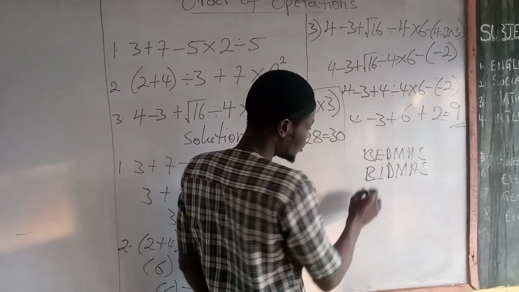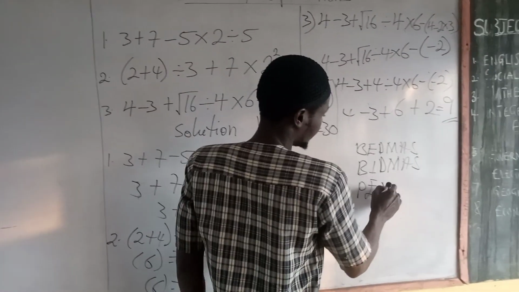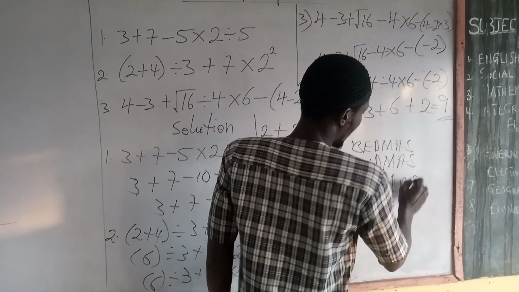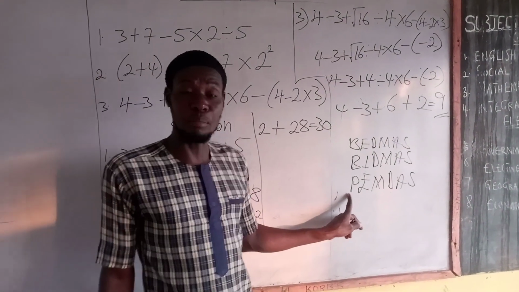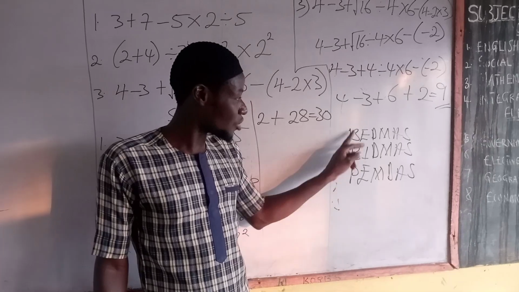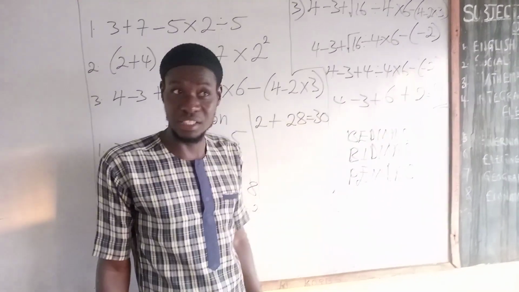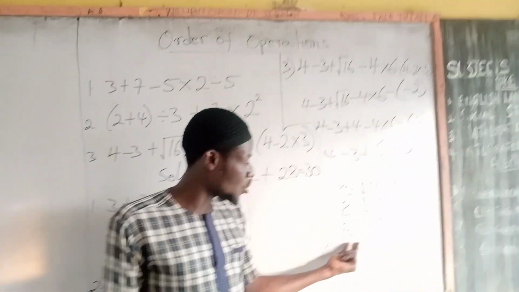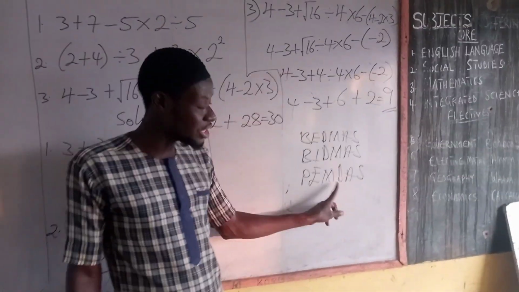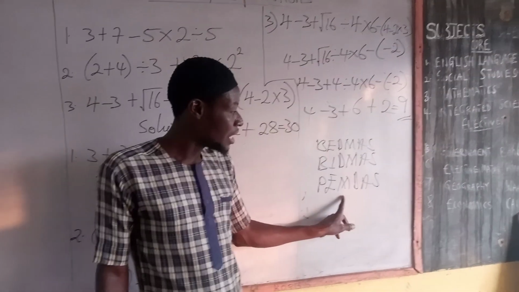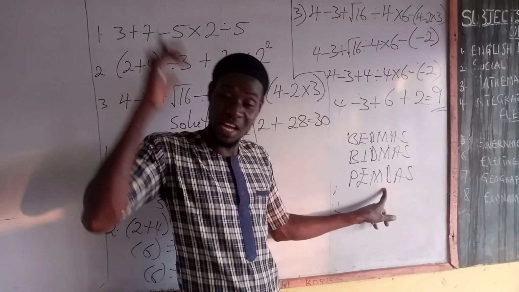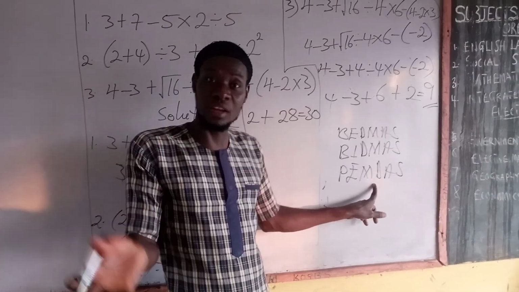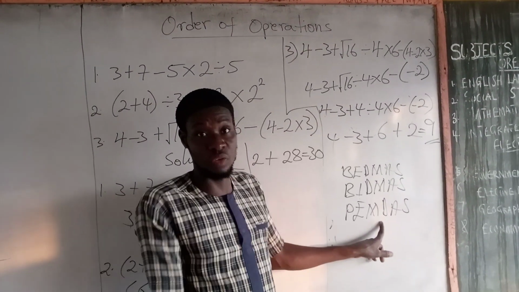Then in some areas they say PEMDAS, where the P stands for parenthesis, and the parenthesis, of course, goes with the brackets. And so E, exponent, multiplication, division still counts, even though here M comes before D, but we said that multiplication and division are of equal relevance, and we consider them from left to right of the expression.